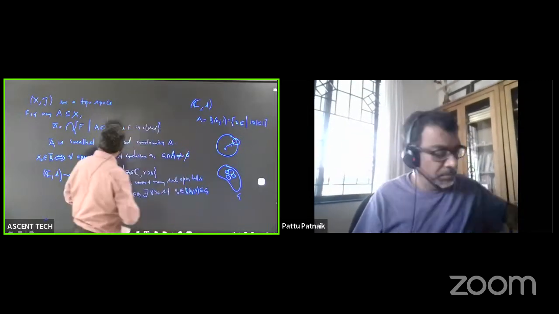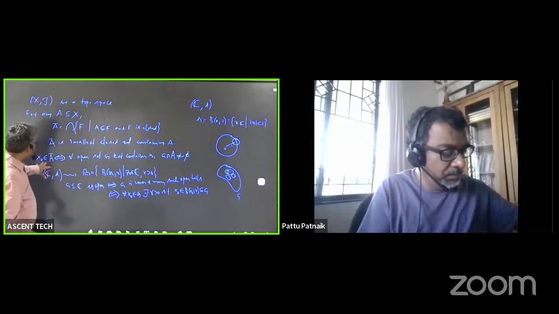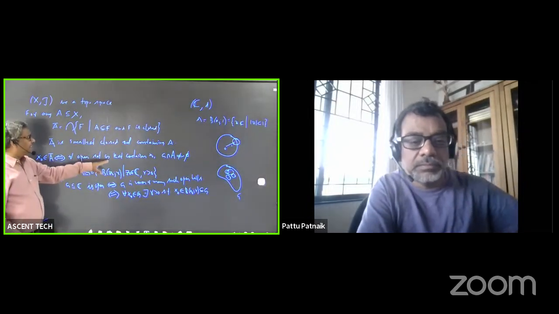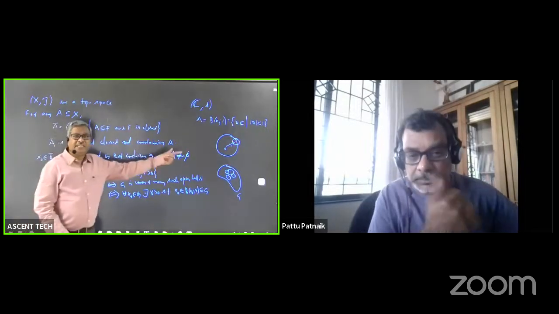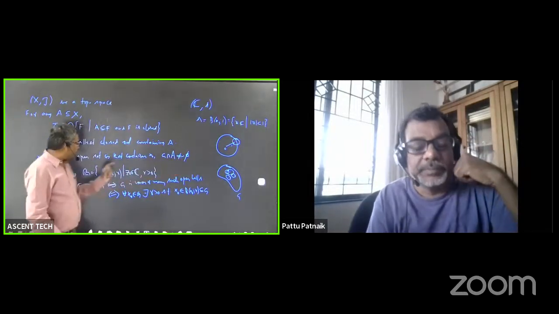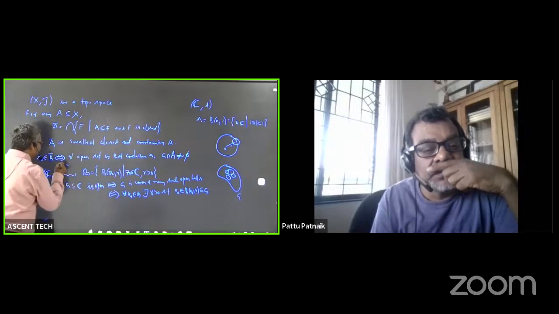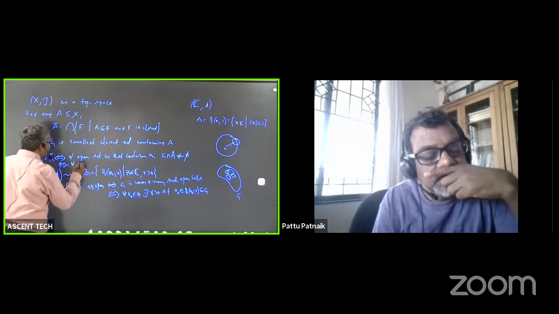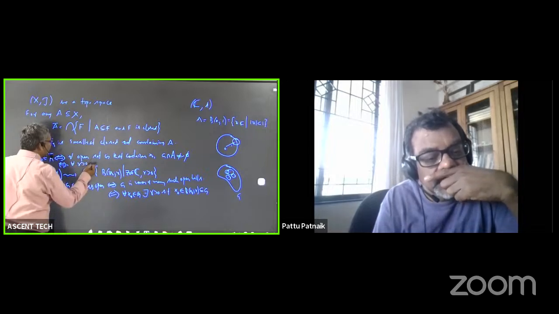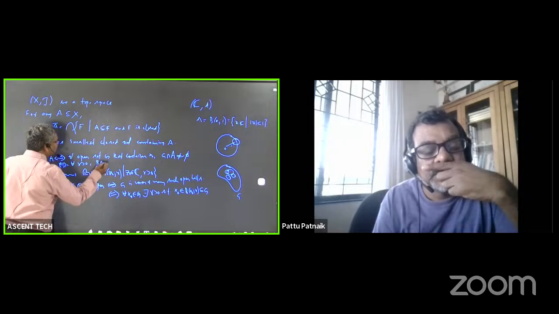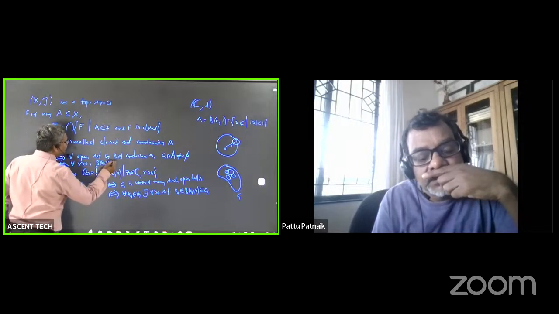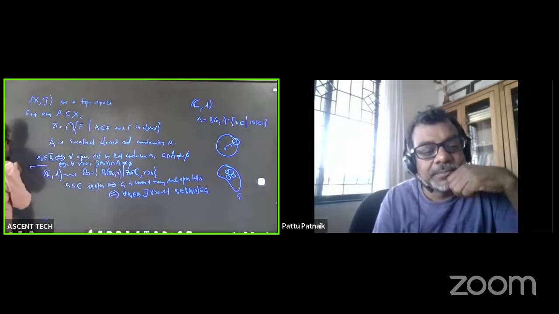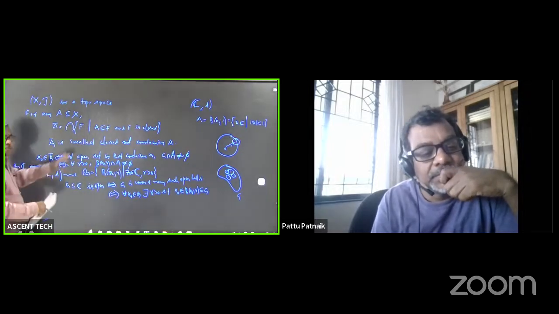So if I go back and talk about this theorem, x naught is in A bar, the closure, if and only if for every open set G containing x naught, G intersection A is non-empty. So I can replace this, instead of saying for every open set, I can say for every R greater than 0, the ball B(x naught, R) intersection with A is non-empty when you come into C. In topology, I don't have balls.